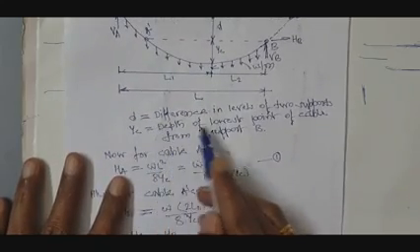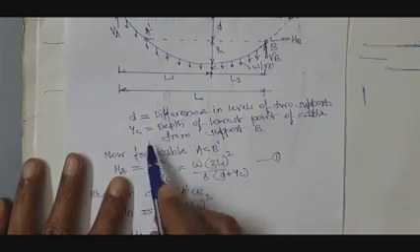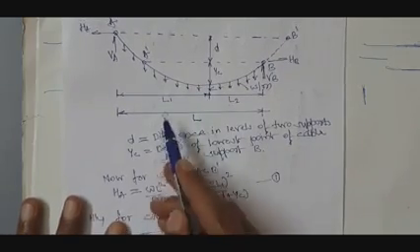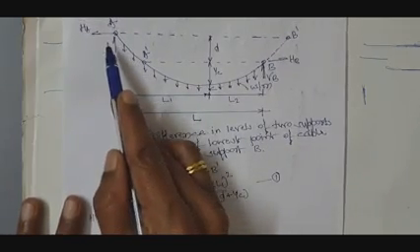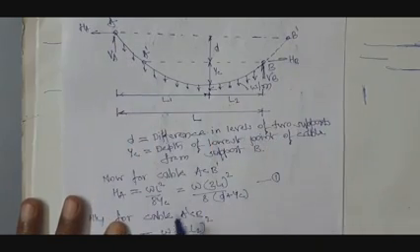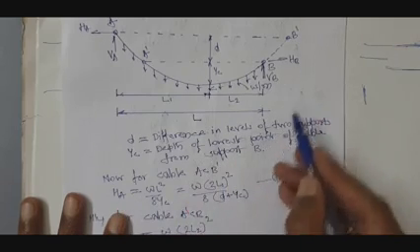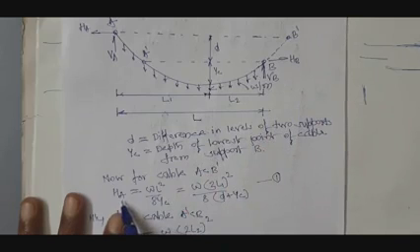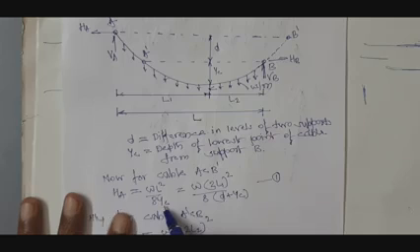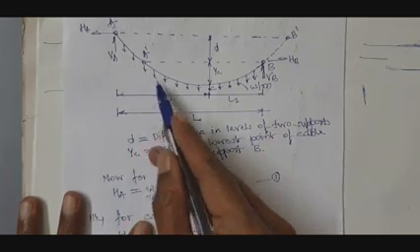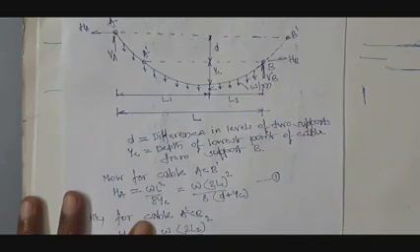As I said, D is the difference in level between the two supports, and YC is the dip of the cable. Now, if you calculate the values of HA and HB, for example for a cable with supports at the same level carrying a UDL throughout the span, HA equals WL square by 8 YC, where W is the UDL carried by that cable.